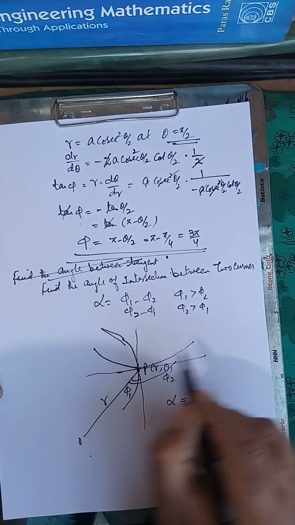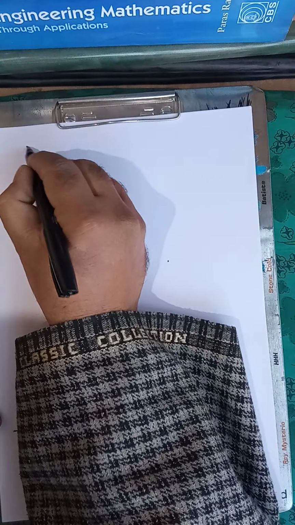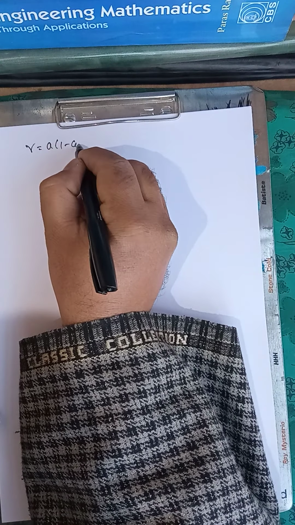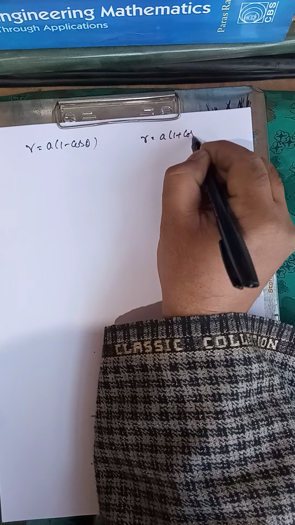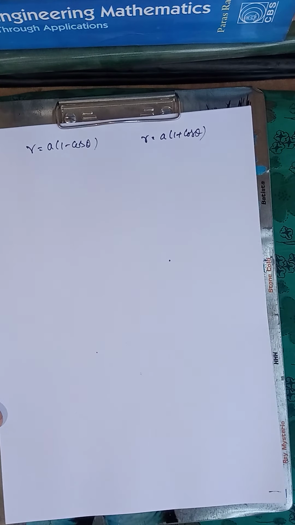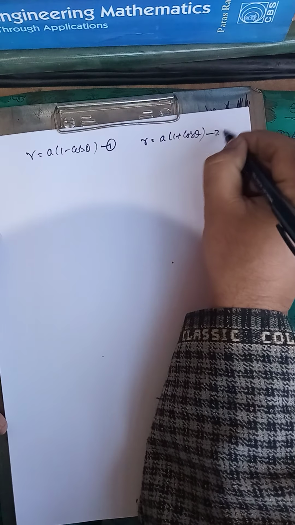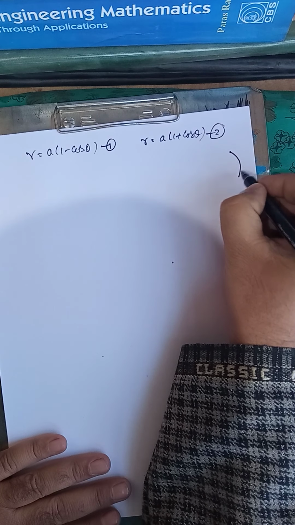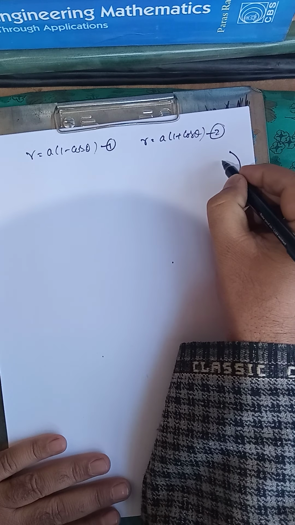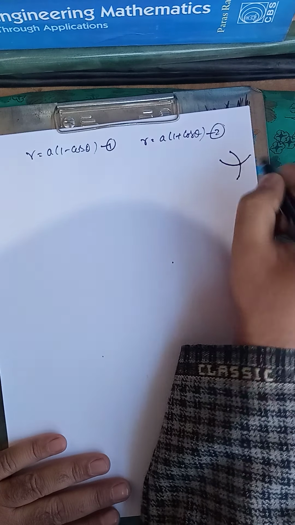This is the first curve, this is another curve. Let me take two curves. I have r equal to a(1 minus cos theta) and r equal to a(1 plus cos theta). This is 1, this is 2. We have to find the angle of intersection. Both these curves pass through the same point, so at that point r will be equal.